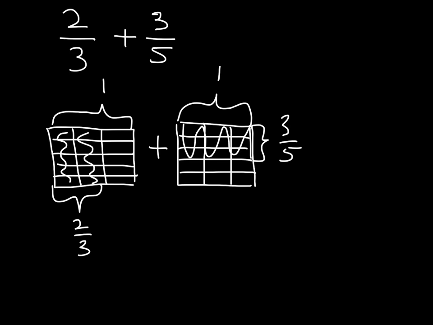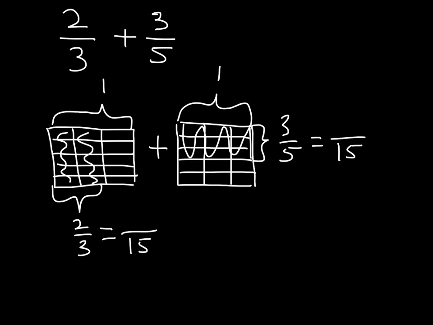And when I'm done, I should have 15 parts or units in each one of my area models. So my new denominator will be 15. This means that now I can add them together.